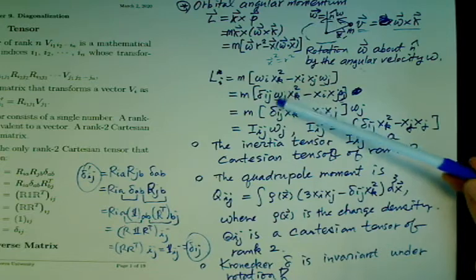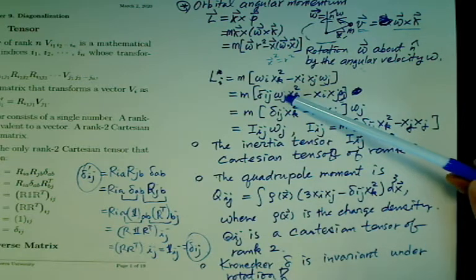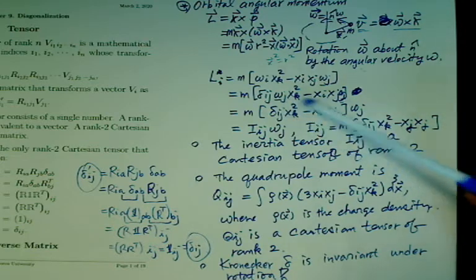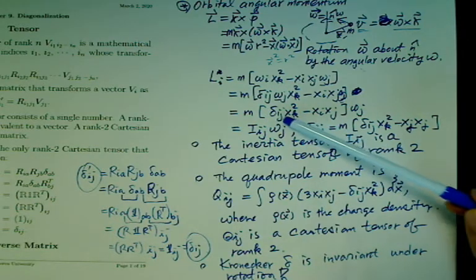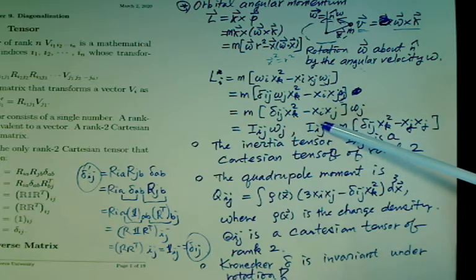In that case, omega_j can be factored out. So if we pull out this factor omega_j, then in the brackets we have delta_ij x_k squared minus x_i x_j.